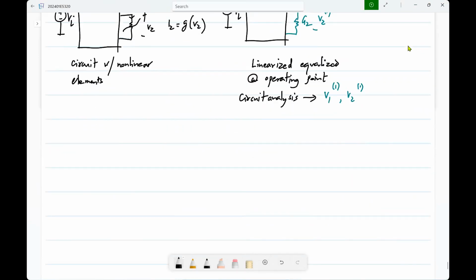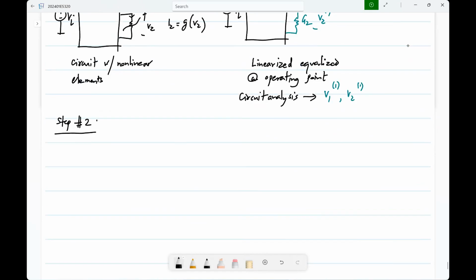So in the second step, you calculate the second order nonlinear currents that result from the first order voltages. I say voltages if the nonlinearity is described the other way around, that is voltage is a function of current, you do it the other way around also. Okay.